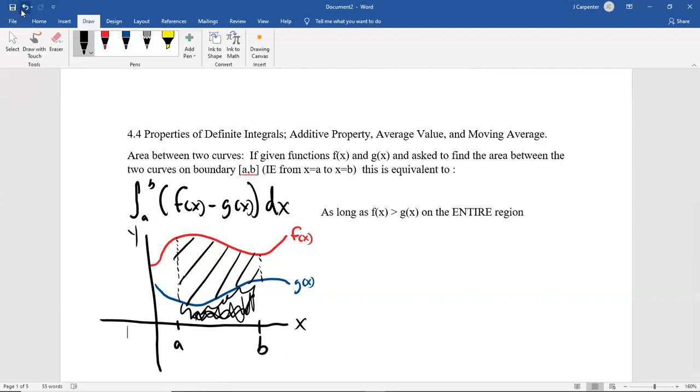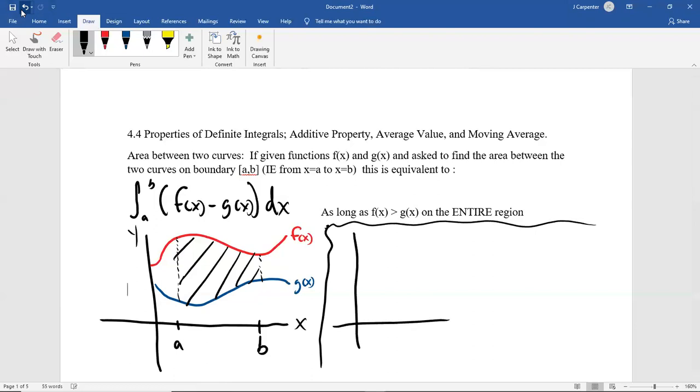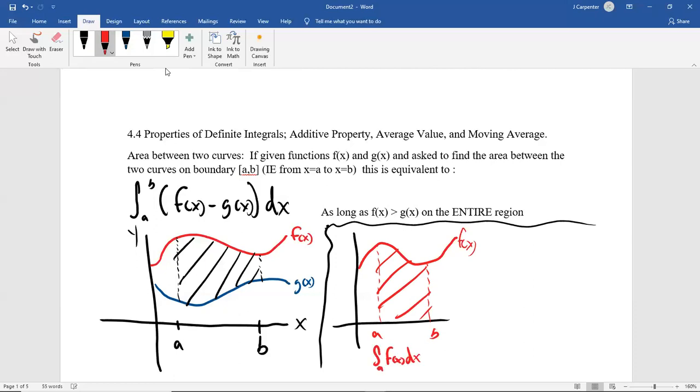Let me draw all this up for you. So let me try and keep these the same as best as I can. Something like this. Here's our f of x. This area right here from a to b represents the integral of f of x dx from a to b.